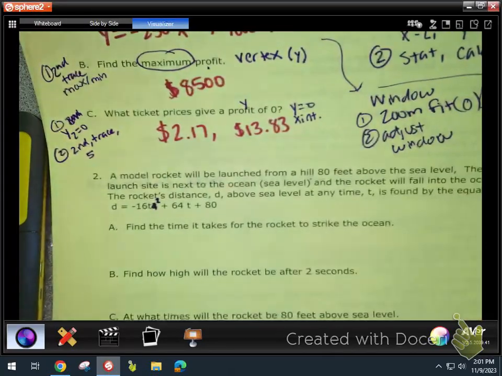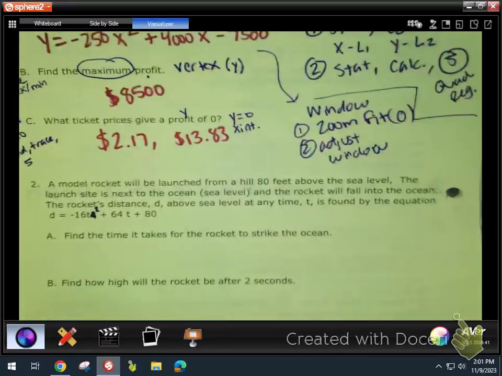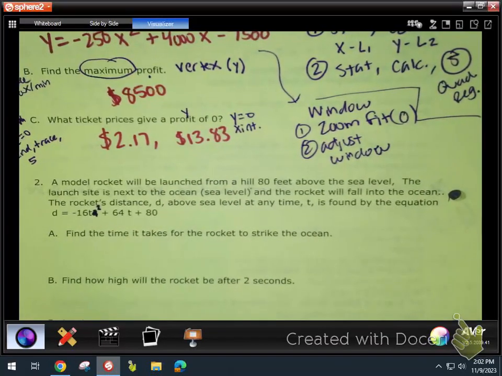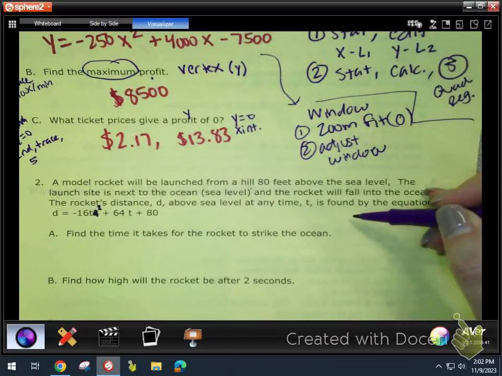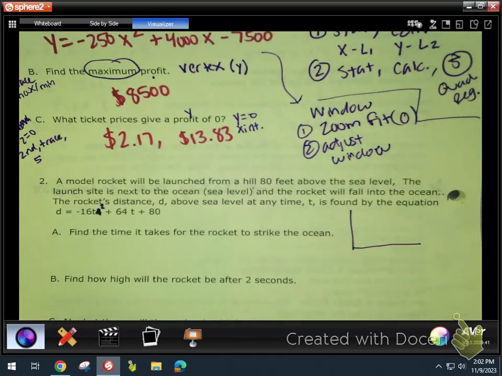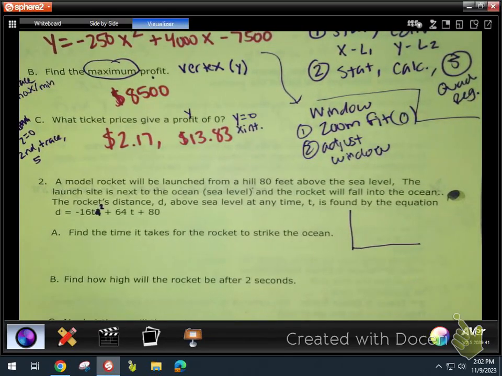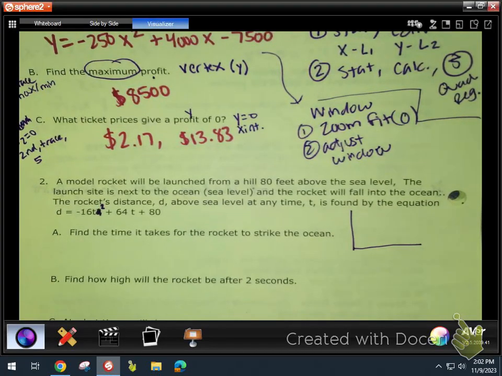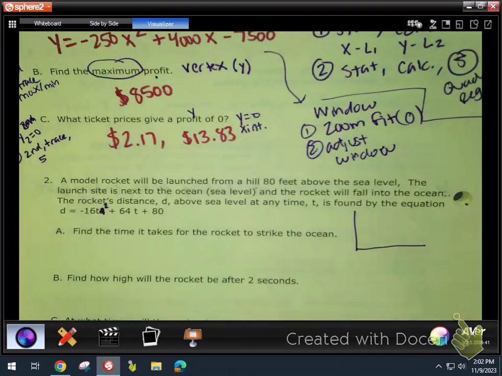So, I'm not going to make you draw a graph, but I do think it's helpful to think about what's going on. Okay? I'm just going to draw in the first quadrant because are we going to have negative time? No. And negative height? Not on this one. Sometimes you can have negative height going underwater or whatever, but we'll go here.